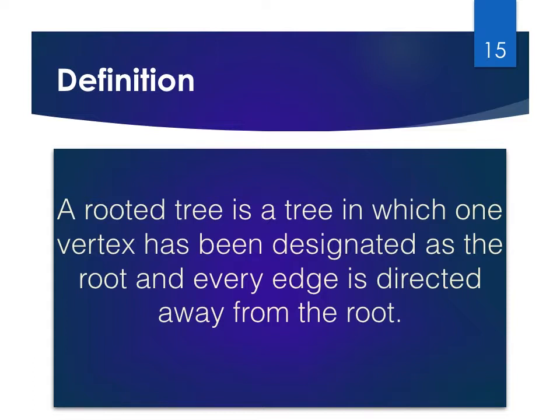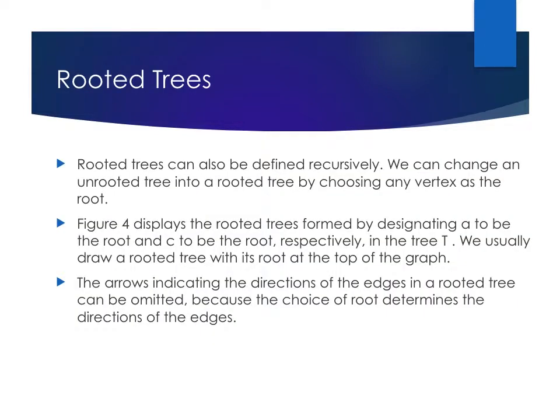Now we will try to illustrate this definition by an example. Rooted trees can also be defined recursively. We can change an unrooted tree into a rooted tree by choosing any vertex as the root. Note that different choices of the root produce different rooted trees.